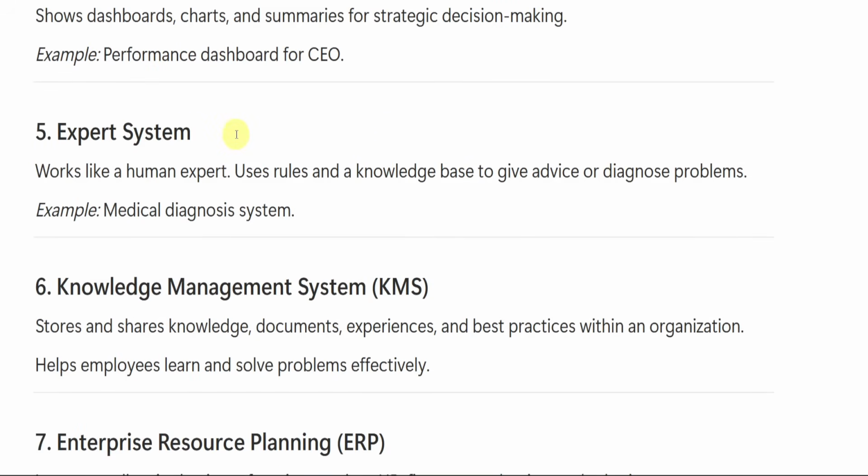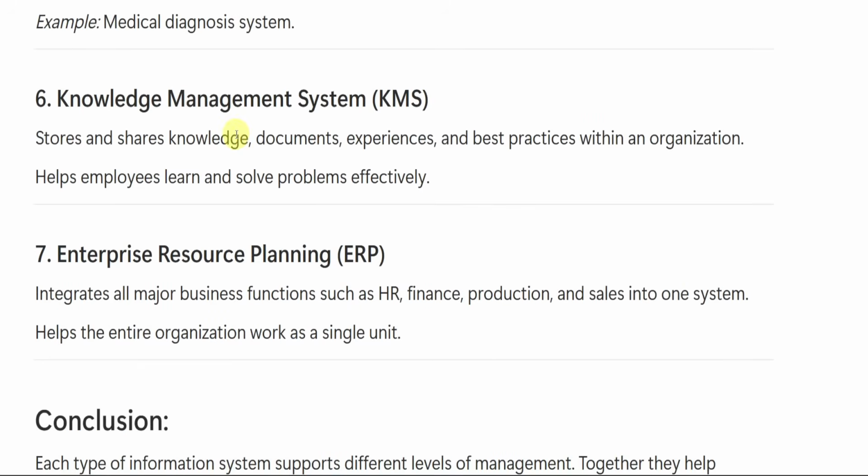Expert system, this system works like a human expert. It has a knowledge base, it will have the rules, it will have the logic, so it gives advice or solutions for specific problems. Like if doctors use a medical expert system, that will suggest a diagnosis, medicines, treatment methods and all.